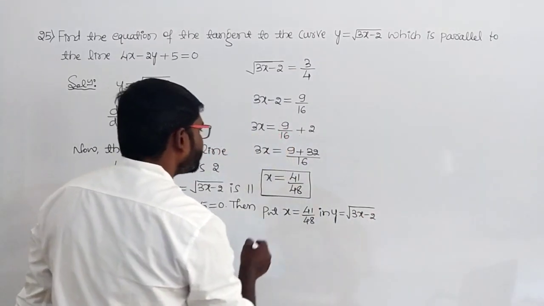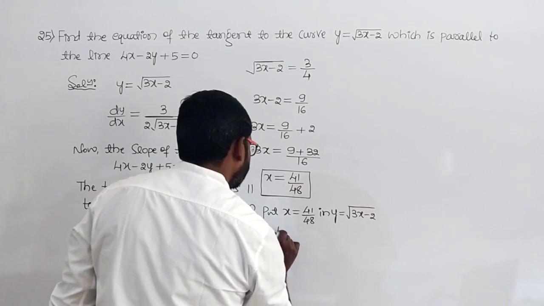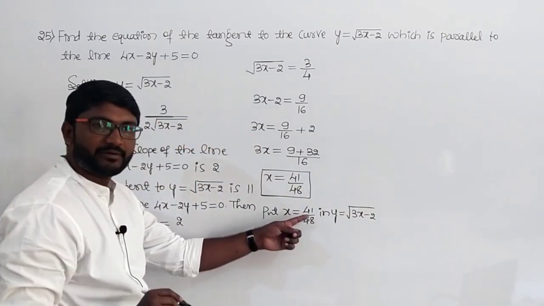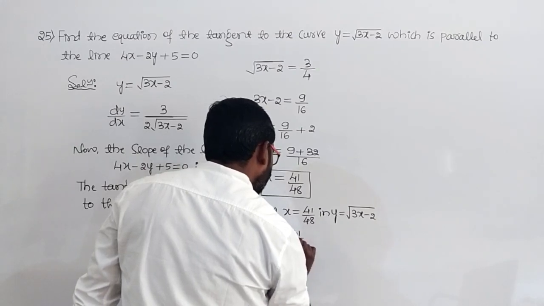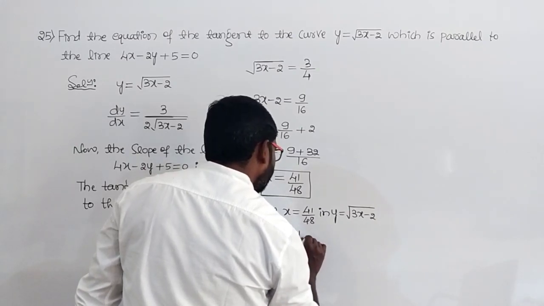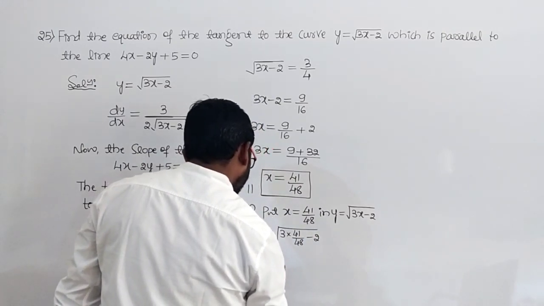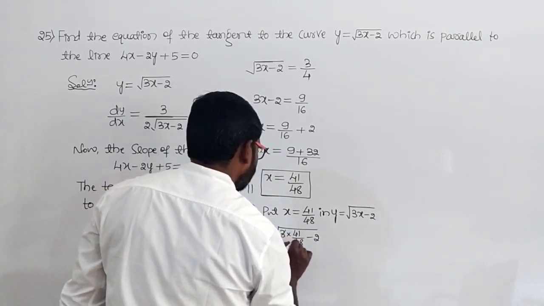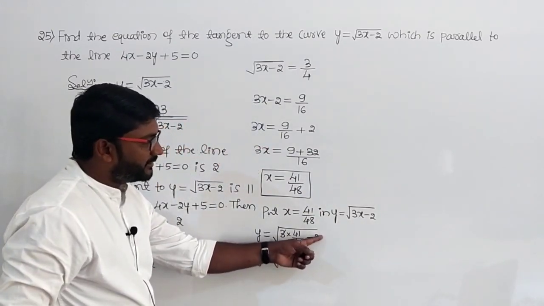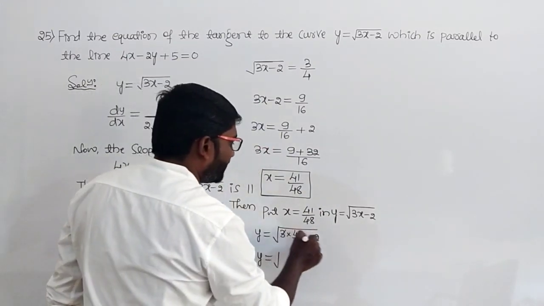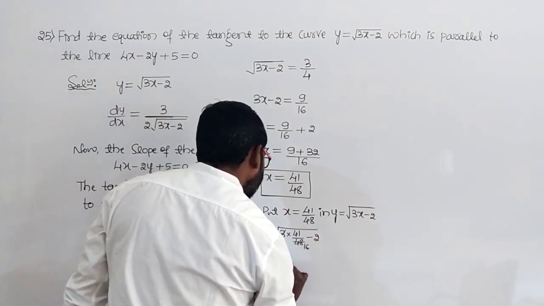So now y equals square root of 3 times what is x here? 41 by 48, then minus 2. Simplify this, y equals square root of 3 ones are 3, 16s are 48. Then multiply 16 with the 2, you get 32. 41 minus 32 will be 9. So you get 9 by 16.